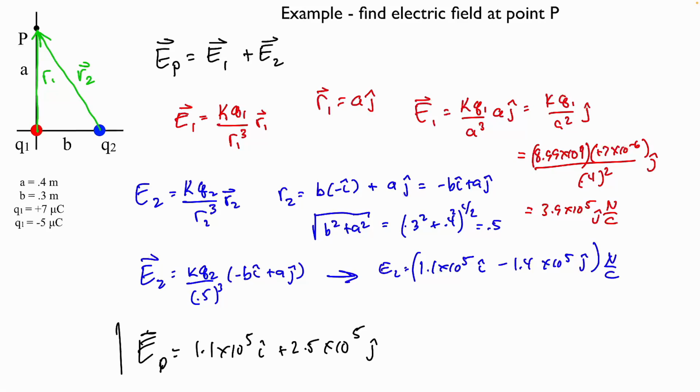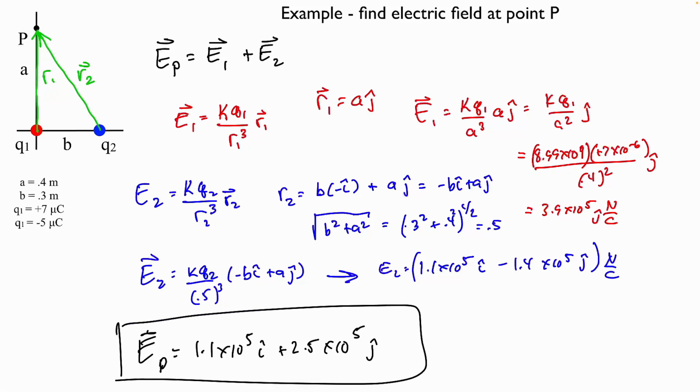From just that description, what quadrant is this electric field at point P pointing? Quadrant 1, isn't it? Positive X, positive Y, right? So it's doing something like this, okay?